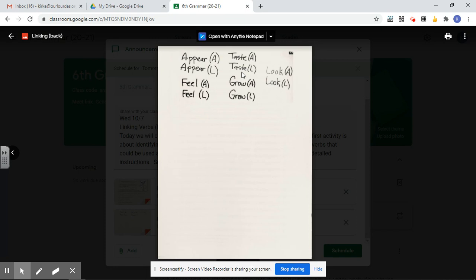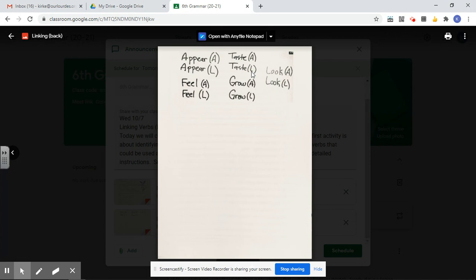So I will taste the pie is an action verb sentence. Now, if I do the linking verb form of taste and I said the pie tasted bad or the pie tastes delicious, in either one of those cases, taste is going to be a linking verb because you're talking about the pie being the subject of the sentence.